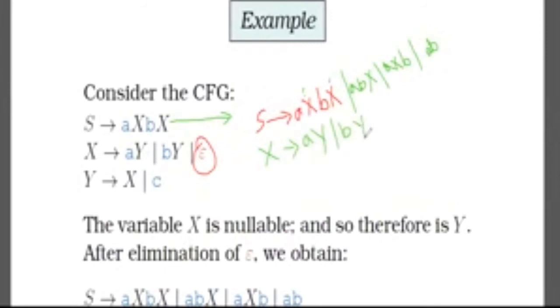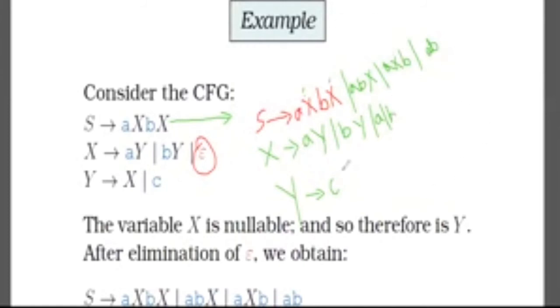Now let us see the definition of y. The definition of y is in terms of x only, and there is another definition for y as c. So let us keep the other definition for y as c as it is. But now, if it is taking x, x can be epsilon. So we can take it as a, or here if y is x and x is epsilon, it will be only b.